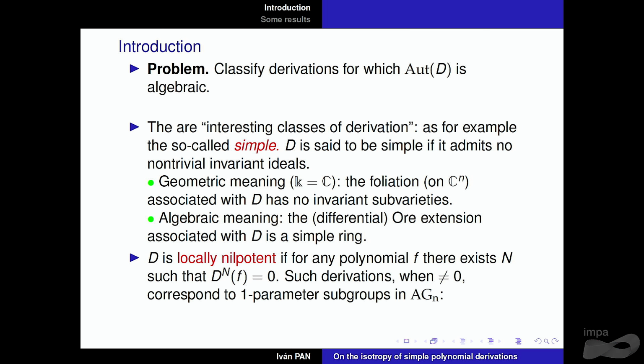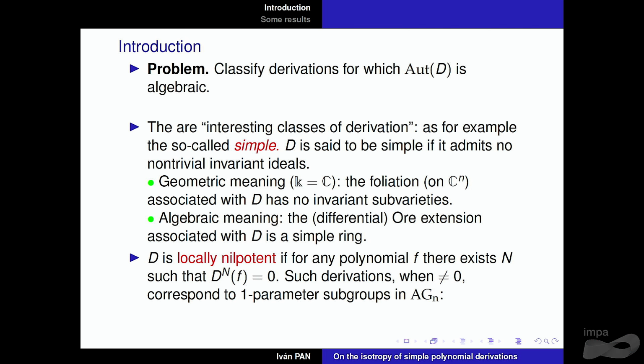Such derivations, when different from zero, non-trivial, correspond to one-parameter subgroups of the polynomial group, that is, AGn. Let me explain that.